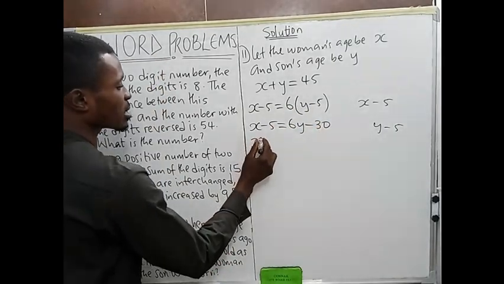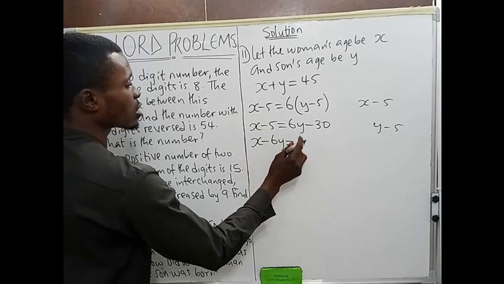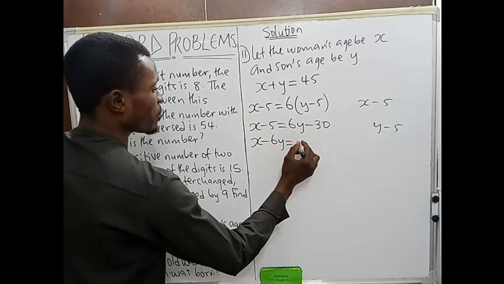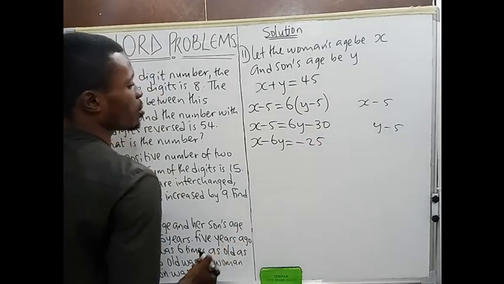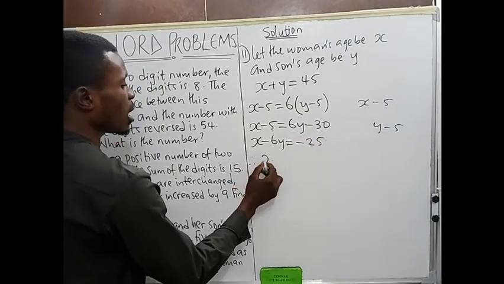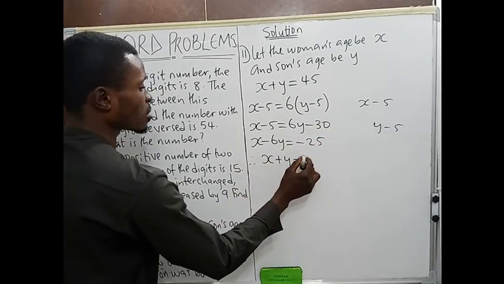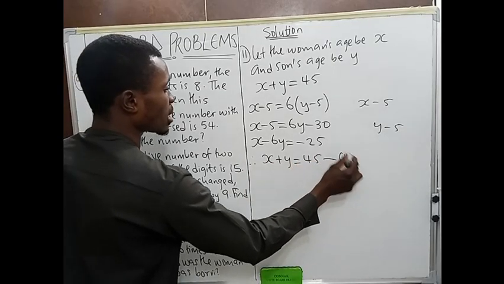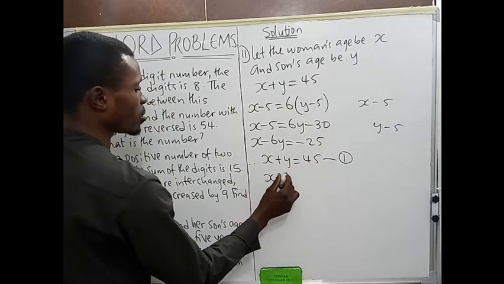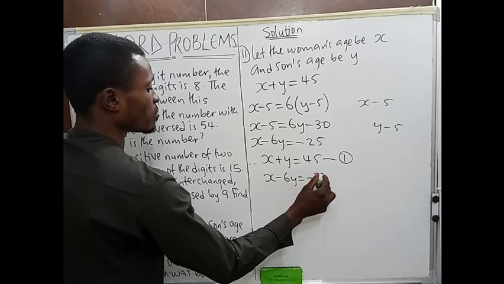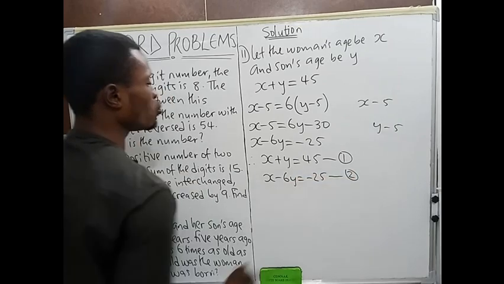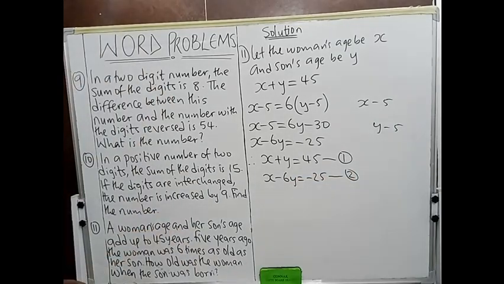You have x minus 6y equals minus 30 plus 5 is minus 25. So therefore we have the equations x plus y equals 45 as equation 1, and x minus 6y equals minus 25 as equation 2. Now move to the next set of questions.